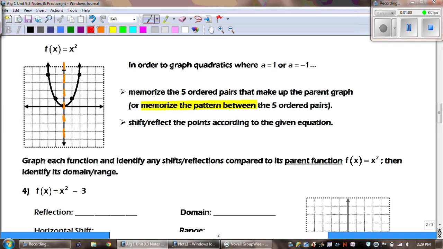So, for the first point, we have to go right 1, up 1, and right 1, okay? So, for the first point, we go up 1, over 1.